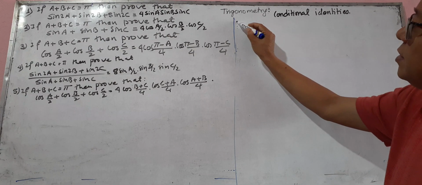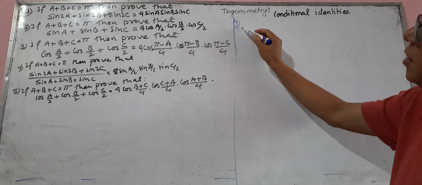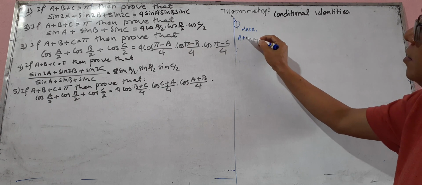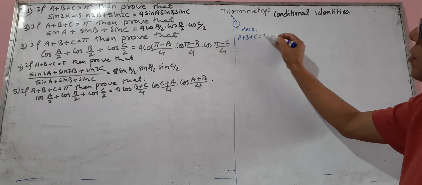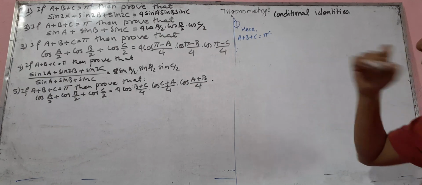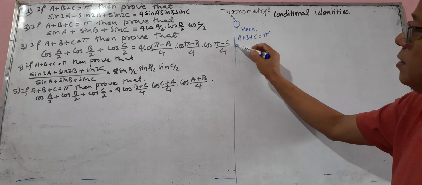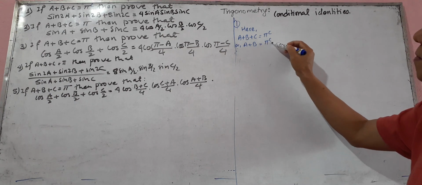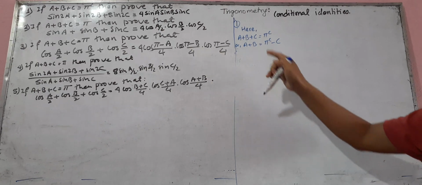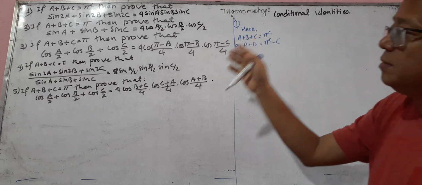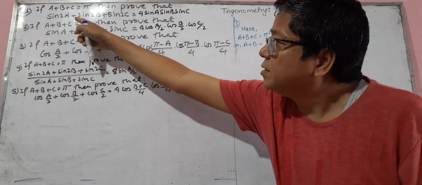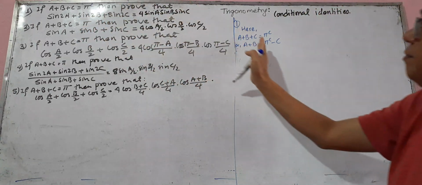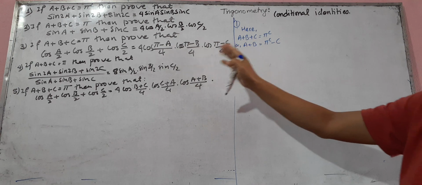So, in the given condition in 1, that is here, a plus b plus c equals pi radian, and now a plus b equals pi radian minus c, taking c to the right, because sine 2a and sine 2b, the first two terms, contain a and b, so we write a and b to the left.